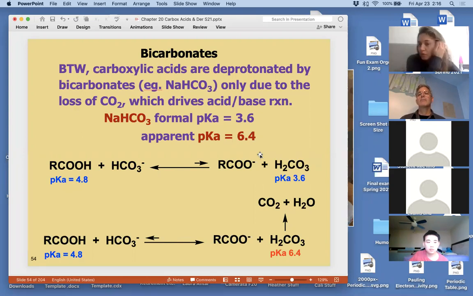Okay, and then if you have a lower pressure of CO2, we let the carbon dioxide escape. Right. So if you let it escape, then the pKa goes up. The apparent pKa. Okay. The formal pKa is always 3.6. But who cares? Everybody, you look this up all over the place. They just give the pKa of 6.4.